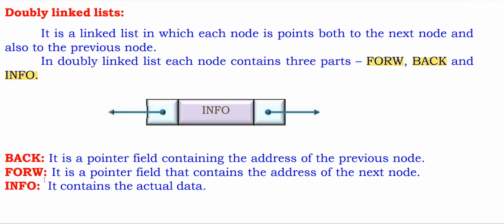And forward is the address of the next node. Info is where we are going to keep data, this contains the address of the next node, and this contains the address of the previous. So when you have a doubly linked list, you can move to the next node or to the previous node. That's the advantage. That's why it's called a doubly linked list. I think you have understood.